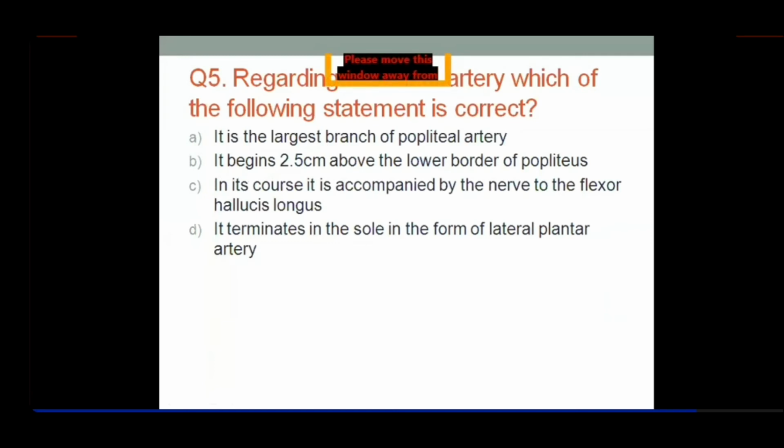It begins 2.5 centimeter above the lower border of popliteus. In its course, it is accompanied by the nerve to flexor hallucis longus. It terminates in the sole in the form of lateral plantar artery. Which statement about peroneal artery is correct?